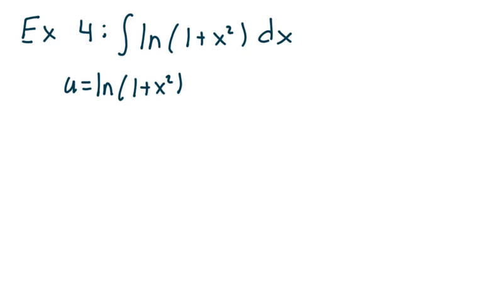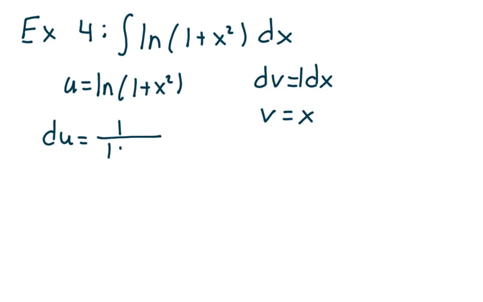I don't call it dv because I don't even know how to integrate it. And so dv is dx. It's like 1 dx. So v is x, and du is 1 over 1 plus x squared times 2x dx.